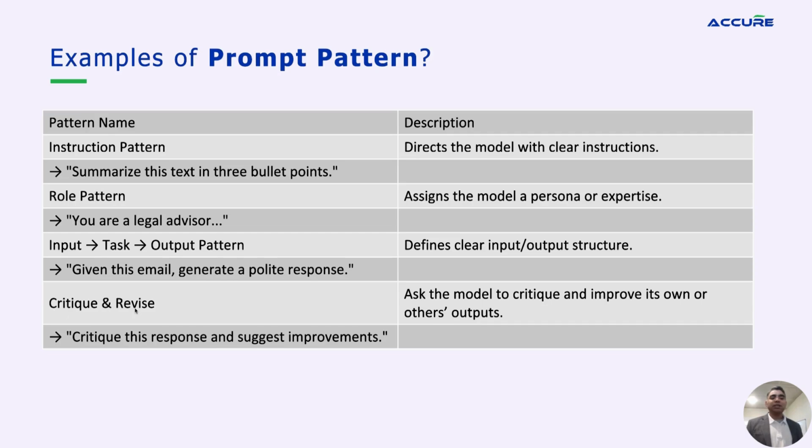Next one is critique and revise: critique this response and suggest improvements. So these are some examples of patterns that either you use over and over based on your particular way of working or data or scenario, or you just build this pattern and share with your team and they can use it for their work.